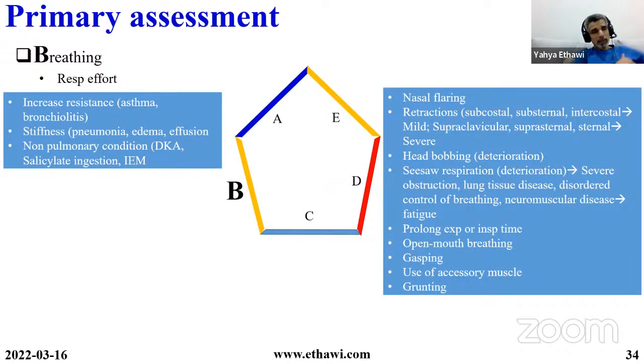Now, how do we assess the breathing? We have nasal flaring, or we might have retraction, which can be subcostal, substernal, or intercostal.